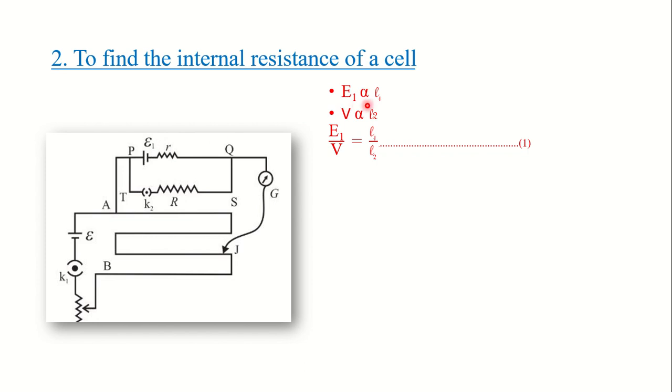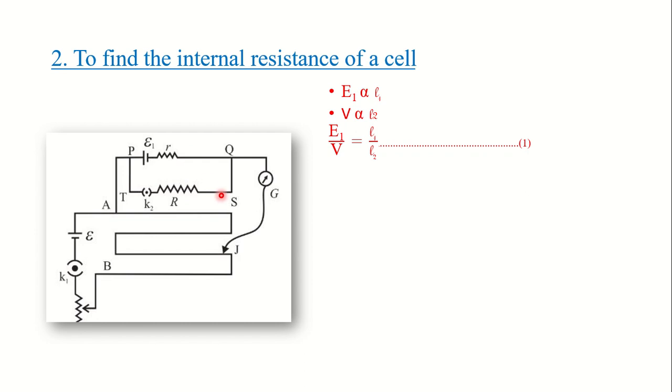So you will write E1 is proportional to L1, or it can be also written as E1 is equal to K into L1. Now the next step is close the key K2. After closing the key, you take a suitable resistance from the resistance box. Now a current flows through this path.